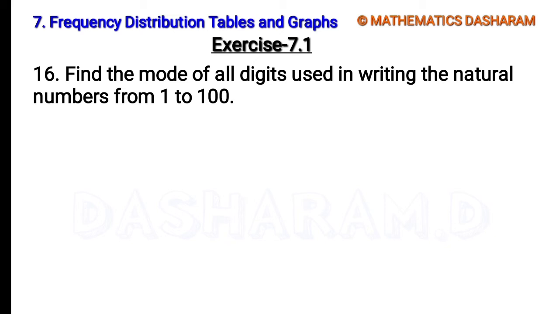Next, the 16th problem. Find the mode of all digits used in writing the natural numbers from 1 to 100. Digits means 1, 2, 3, 4. Sorry, first digit is 0, 1, 2, 3, 4, 5, 6, 7, 8, 9.